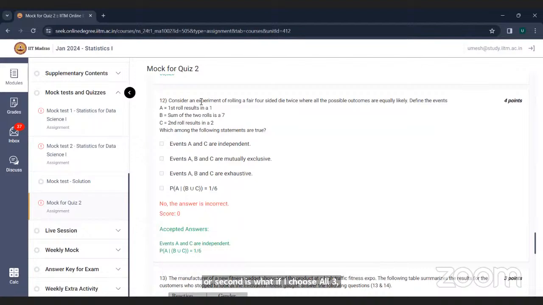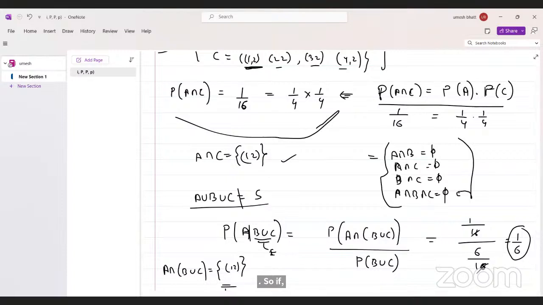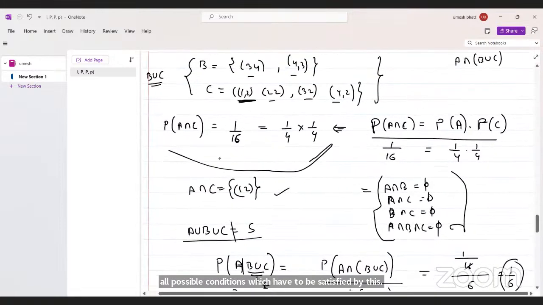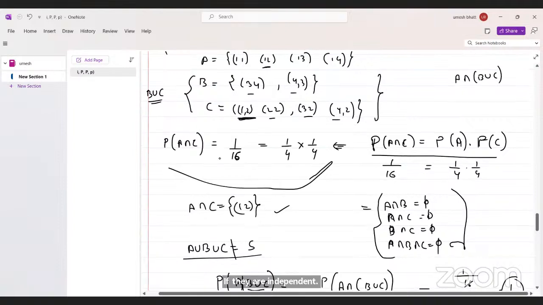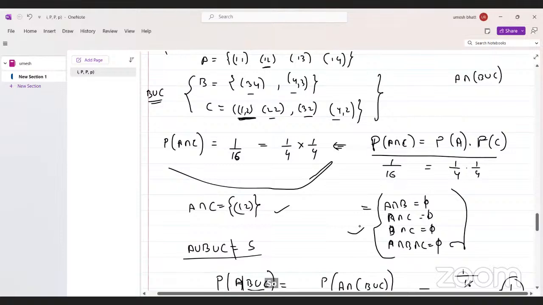These are all the conditions which have to be satisfied if they are mutually exclusive. But A intersection C contains 1 2, so it does not satisfy this condition. So they are not mutually exclusive.